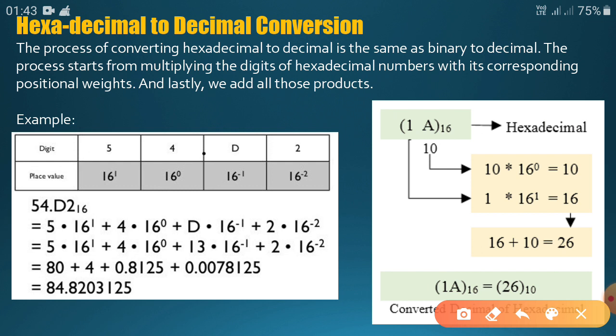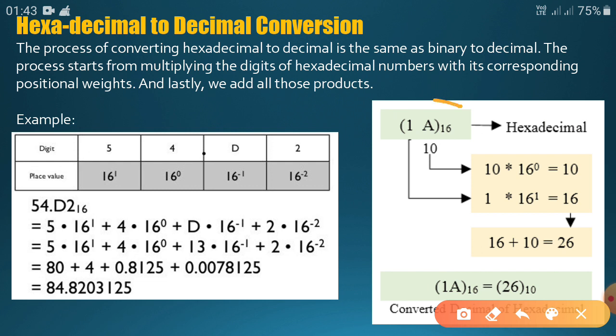The process of converting hexadecimal to decimal is the same as binary to decimal. The process starts from multiplying the digits of the hexadecimal number with their corresponding positional weights, and lastly we add all those products. The hexadecimal numbers are with base 16.